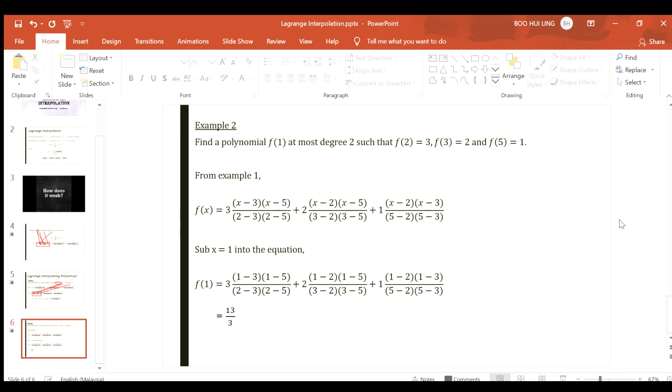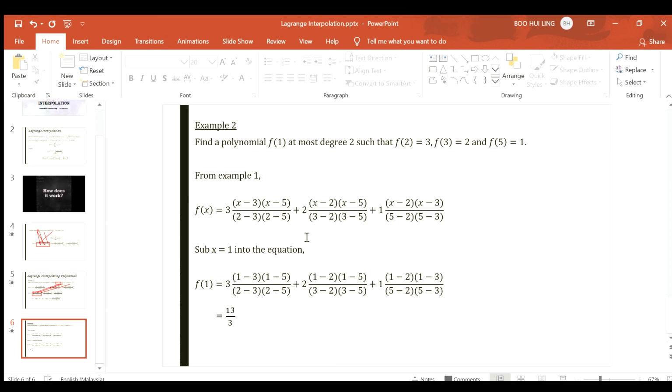Find the polynomial f(1) of at most degree 2 such that f(2) equals 3, f(3) equals 2, and f(5) equals 1. So actually this example is similar to the problem just now, just that we need to find f(1) instead of f(x). So from example 1, we know that this is the formula that we found.